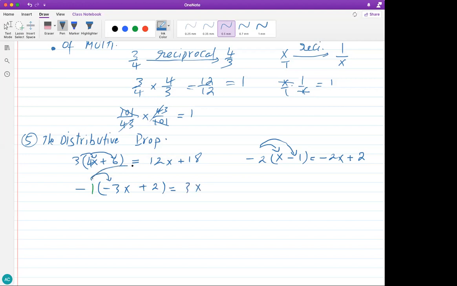Then you have negative times a positive, which would be negative 2. Again, we're using the rules of multiplication just like we saw last time in the previous lecture.